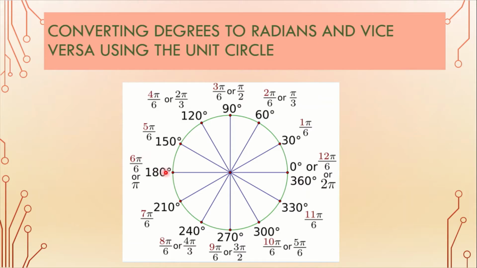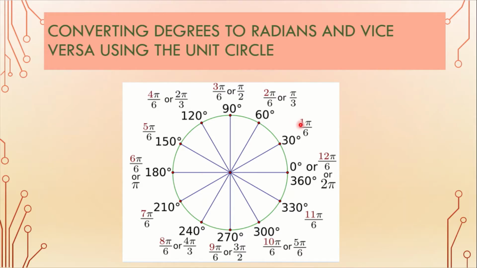Since 180 degrees can be expressed in terms of radians, and the radian equivalent of that is pi, if we divide this semicircle into 6 parts, one part is 30 degrees. Since 180 degrees is equal to pi, the equivalent of 30 degrees in radians is pi all over 6, because that is one part of the entire semicircle.